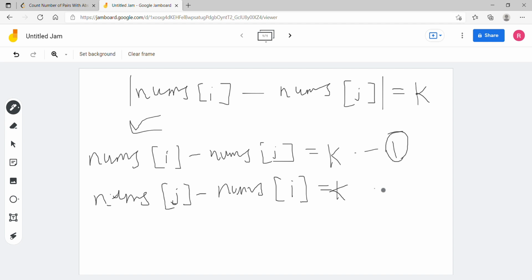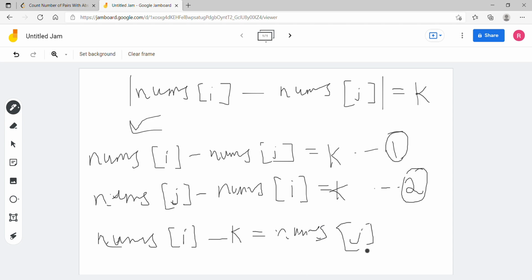So these two things can be possible, or we can write these two equations in a slightly different form. If we move the k to the left side and nums j to the other side, it will be nums i minus k equal to nums j.